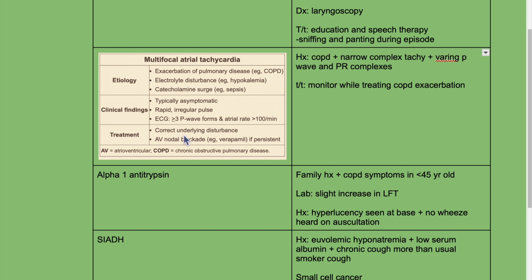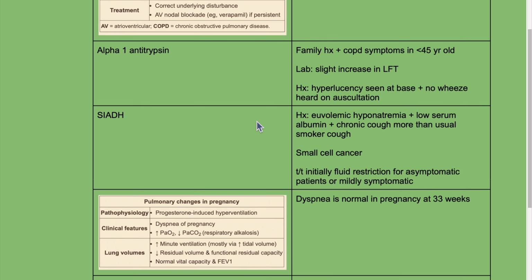Treatment is to correct the underlying disturbance, AV nodal blockade, for example verapamil, if persistent. So fix the hypokalemia or treat COPD, so correct underlying disturbances.